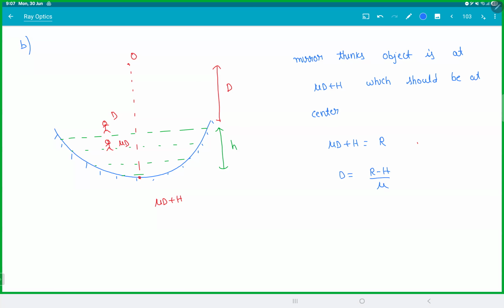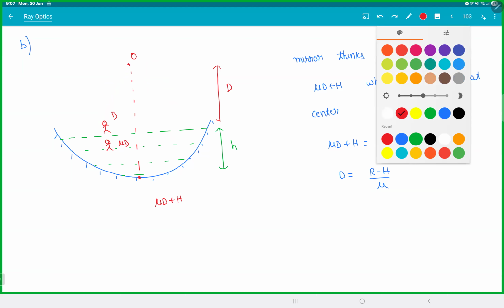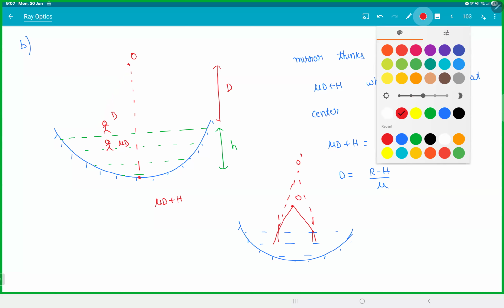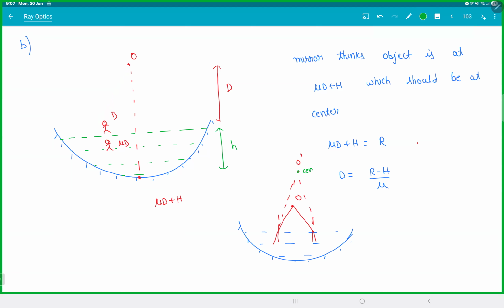Got this? If you actually look at the picture, it would look something like this. The light rays will go like this. The object is here, and this is your O dash, and this is the center.